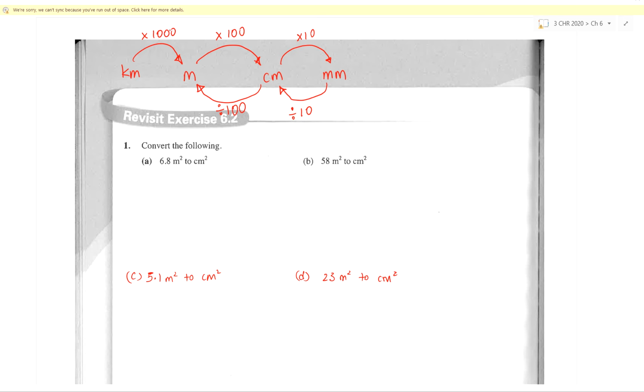That's the distance you have to run for your PE. And how many rounds around the school is that? 6. So one round is 400 meters. One round 400 meters times 6, we get 2,400 meters, which is our 2.4 kilometers. So that is the multiplication of 1,000 over here. And to go the other way, we just need to divide by 1,000.